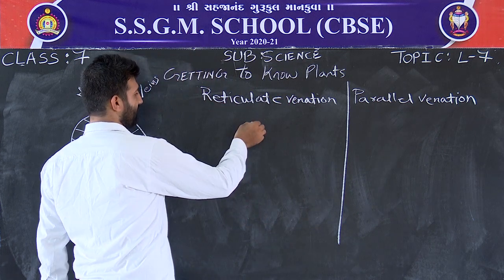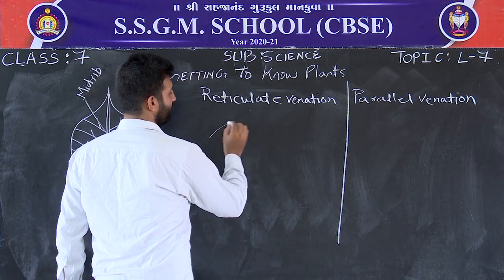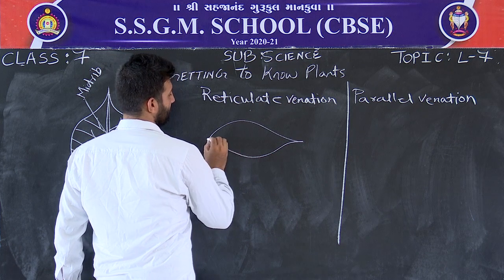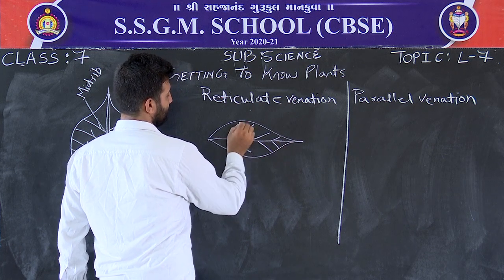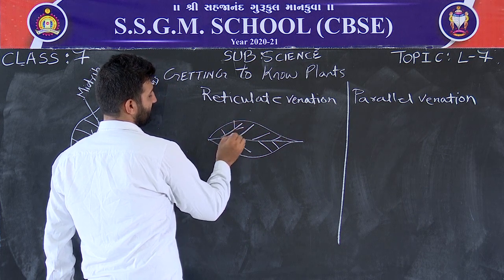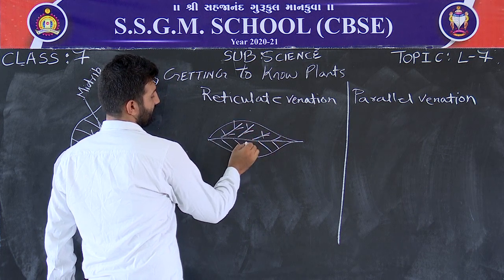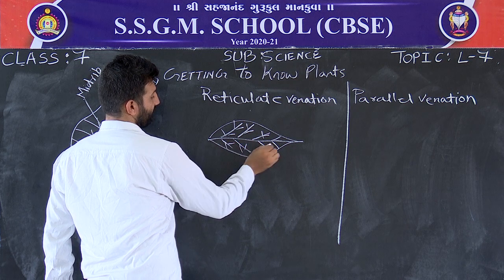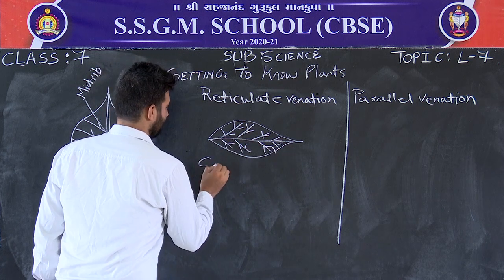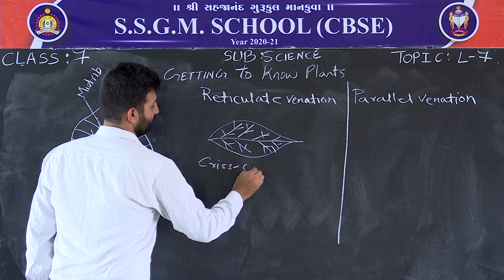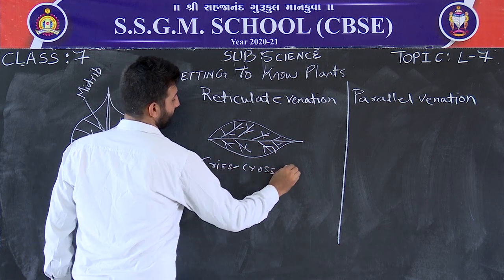So the first type, that is reticulate venation, is simply a web-like structure. This is a crisscross or web-like crisscross pattern.